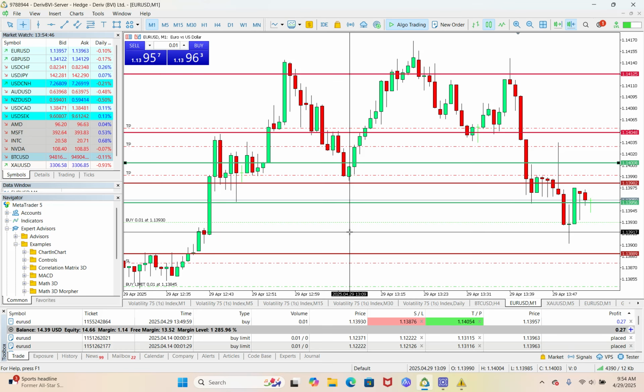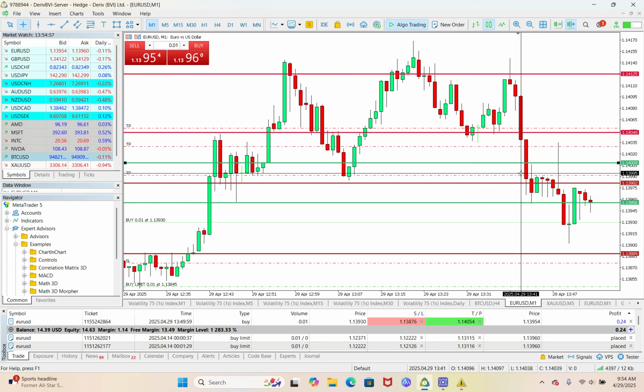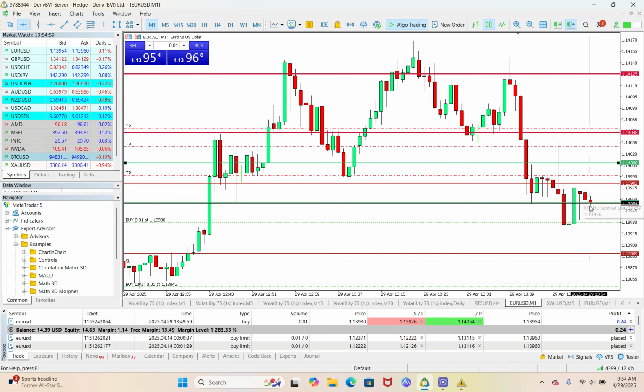Buyers and sellers are at war right now. Let's see who is gonna win. Oh, we have some buy pressure coming into the market right now. As you can see, the candle is blinking green to red, green to red.